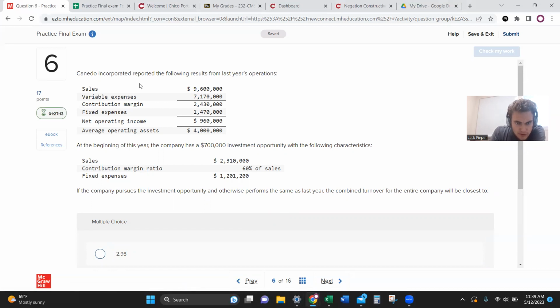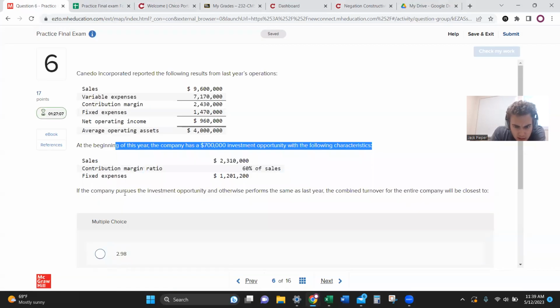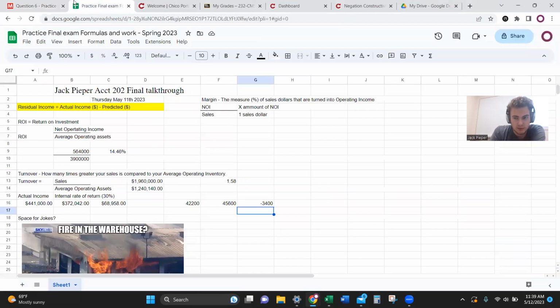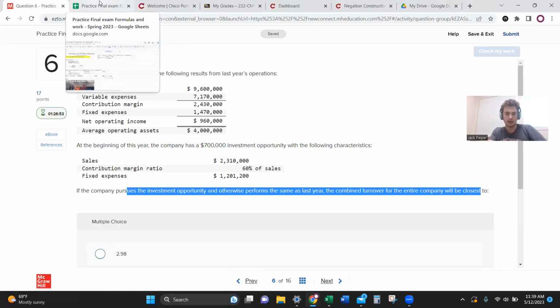Okay. More of these, so we'll just do them again. So we're doing the combined turnover for the entire company. Okay, so we're doing turnover, right? So let's do our sales divided by our average operating assets.